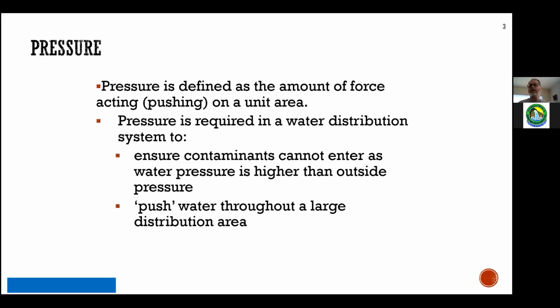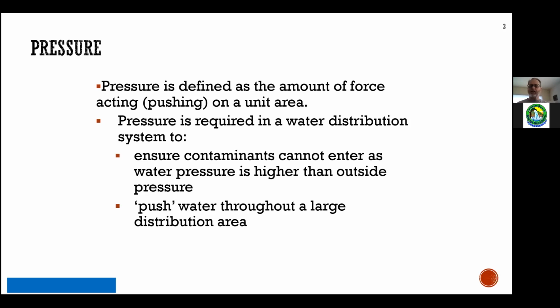Obviously, there are a couple of very good reasons we need pressure in a water system. One, if pressure is applied at source and is forcing water through a distribution system, the pipe wall and the pressure itself acts as a barrier to contaminants.